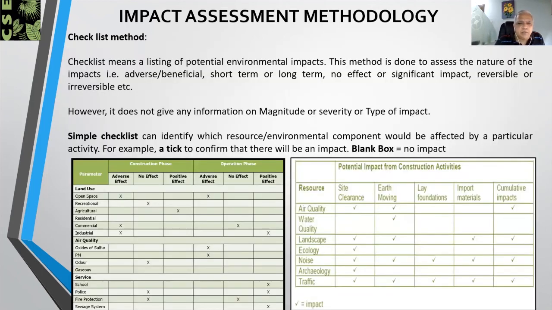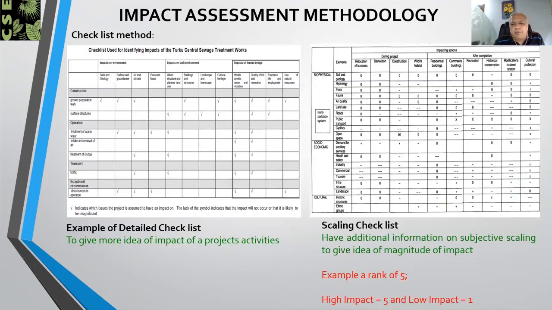But the simple checklist had a problem: the severity of the impacts cannot be gauged. It only indicates that there is an impact, whether it is a high impact or low impact cannot be gauged. So these techniques were later modified and are used even today, where we have a scaling checklist where we can rank the level of impact on a scale of say 5, where 5 indicates high impact and 1 indicates low impact.